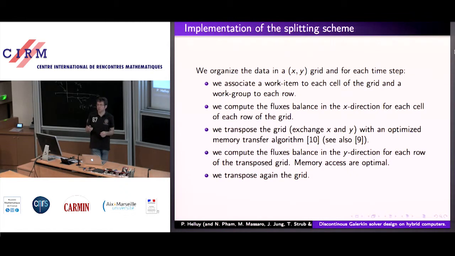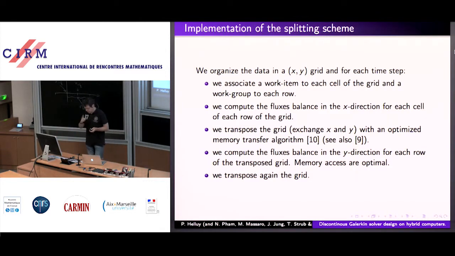You can reserve as many processors as you want, and the actual processors are managed by OpenCL. So we associate a processor to each cell of the grid, and a work group, a virtual compute unit, to each row of the grid. Then we can compute the flux balance in the x direction for each cell and each row of the grid.